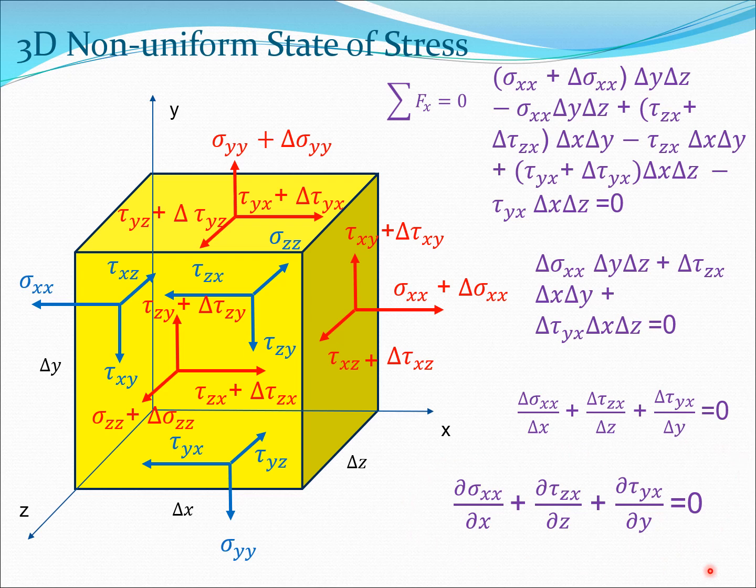So that is the first equilibrium equation we have obtained corresponding to sigma Fx equal to 0. So this equilibrium equation is nothing but this equation here, sigma Fx equal to 0, expressed in the differential equation form.